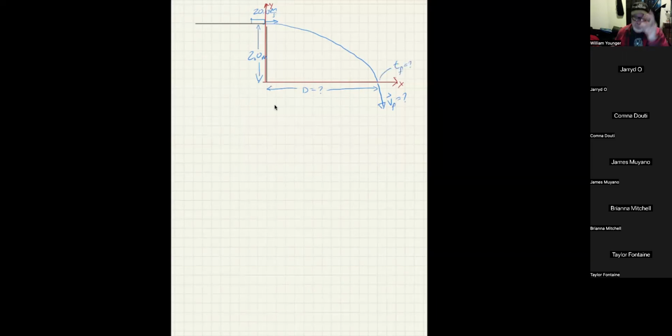Okay. So for starters, this problem, since the puck left off a horizontal table, can anyone tell me what the vertical component of velocity is of the puck initially? Before it slides off the table, it would be 0. Exactly.